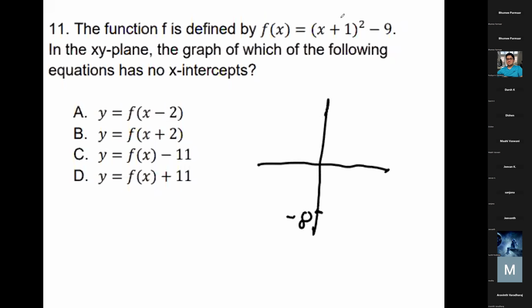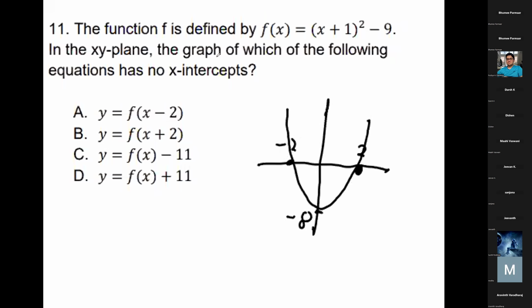And then when x is 2, 2 plus 1 is 3, 3 squared is 9, 9 minus 9 is 0, so this would be x equals 2, and this would be negative 2. So the graph would look something like this.